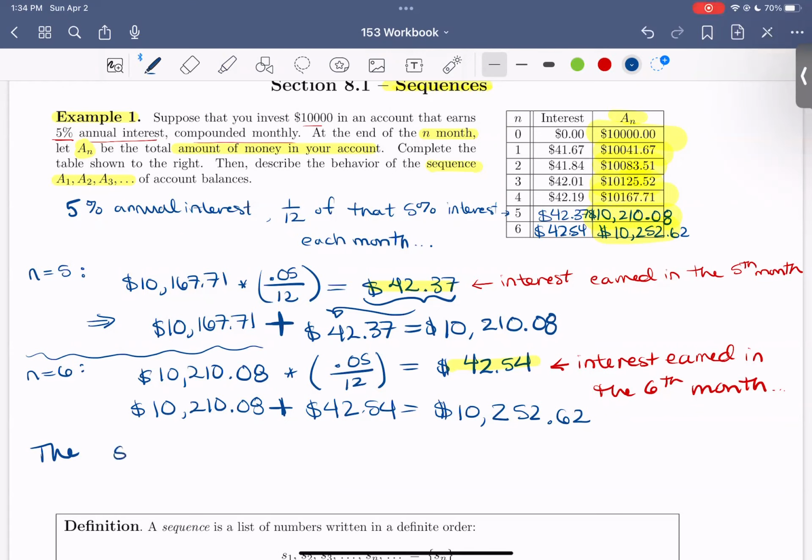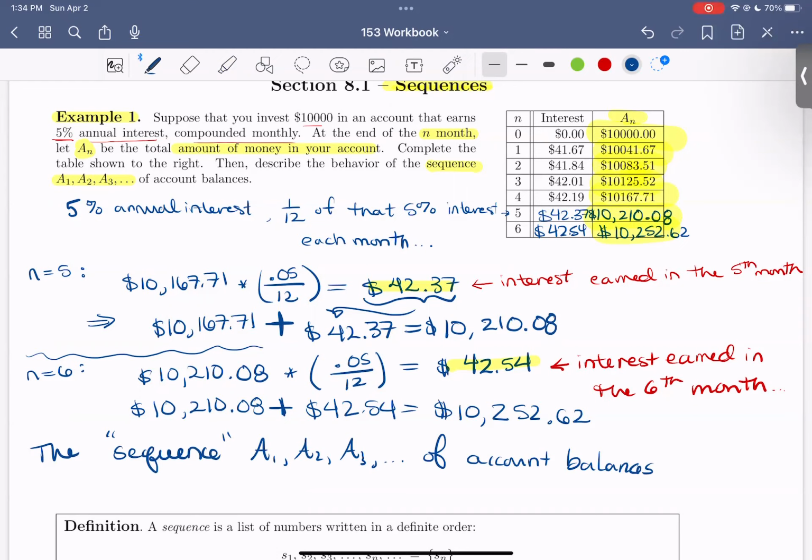So we can write the sequence, and we'll learn exactly what that means here in a little bit. The sequence A sub 1, A sub 2, A sub 3, ... of account balances. What do we notice about it? Does it increase or decrease?